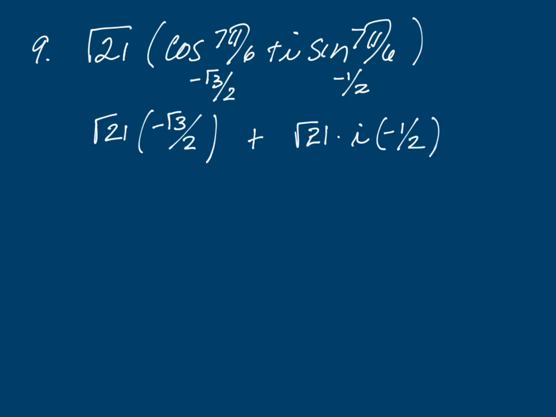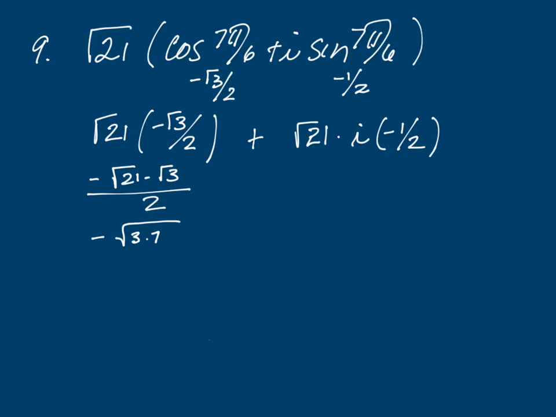So this becomes negative square root of, now look, I'm going to do this to 21 times the square root of 3 all over 2. And I'll show you why. That becomes negative, and that's 3 times 7, right, times 3. I skipped a step.